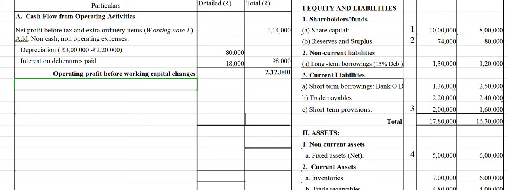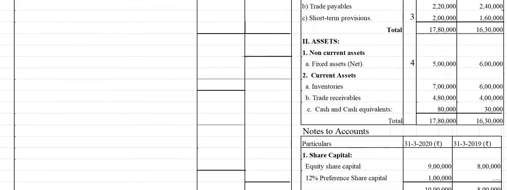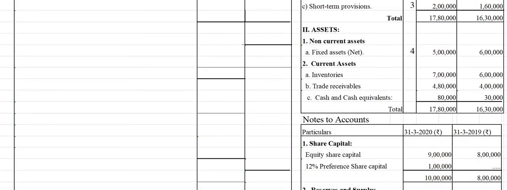Okay, so what is to be done next? Next we will add all decrease in current assets and increase in current liabilities. So let us see current assets. Inventory, any decrease? Inventory is increased by 1 lakh compared to last year. Trade receivables also increased. Cash of course we will not take now.